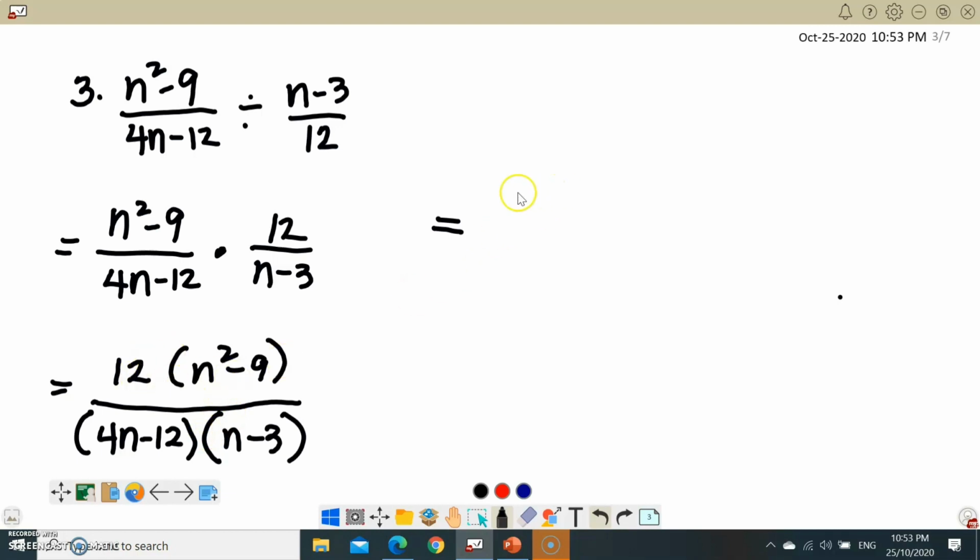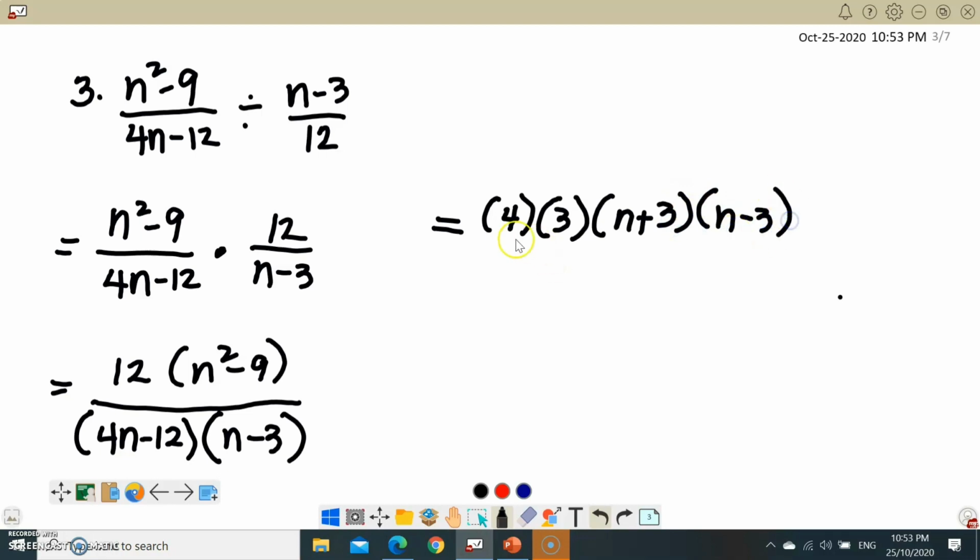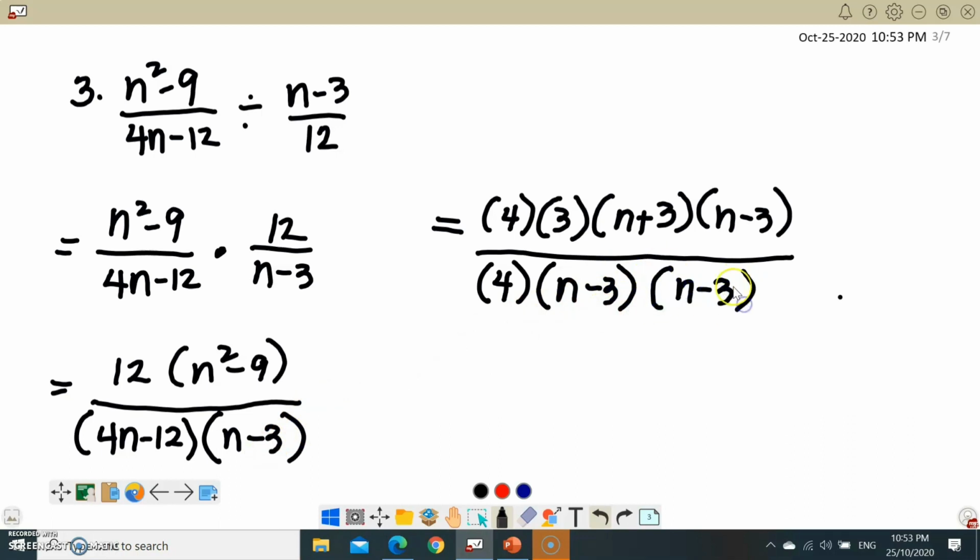So what are the factors of 12? We have here 4 multiplied by 3. Factors of n squared minus 9: we have n plus 3 multiplied by n minus 3, over factors of 4n minus 12. So we have here 4 multiplied by n minus 3. Factors of n minus 3: n minus 3 is non-factorable. So we cancel n minus 3 and n minus 3.